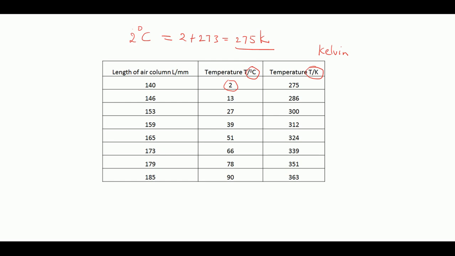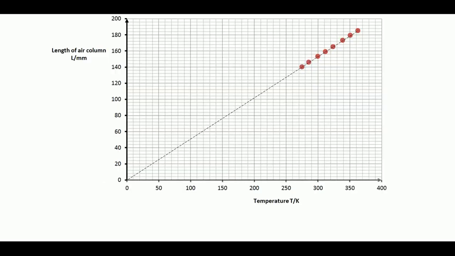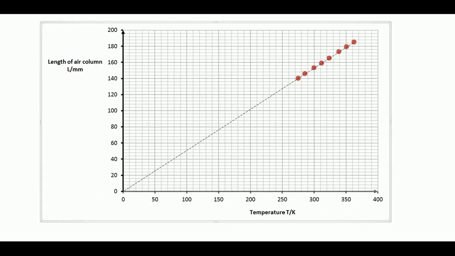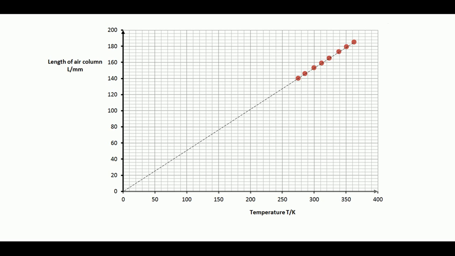Now, let's say we plot length of air column against temperature in Kelvin. This is what happens. Let's shift this graph a little bit. So what we have is a straight line that passes through the origin, but what is different with this graph is that we have used the Kelvin scale of temperature.